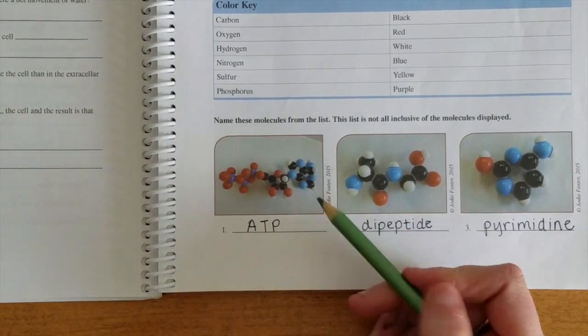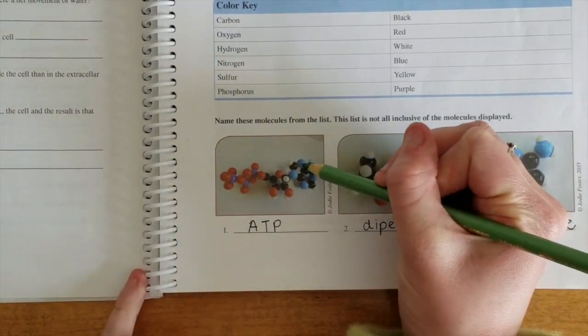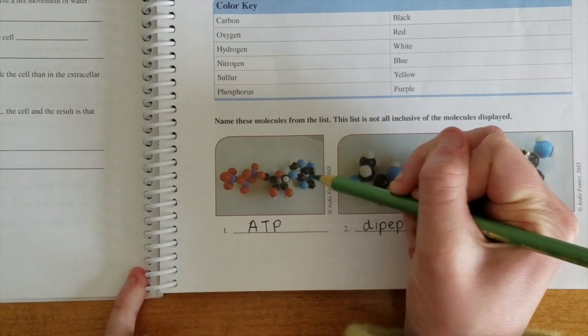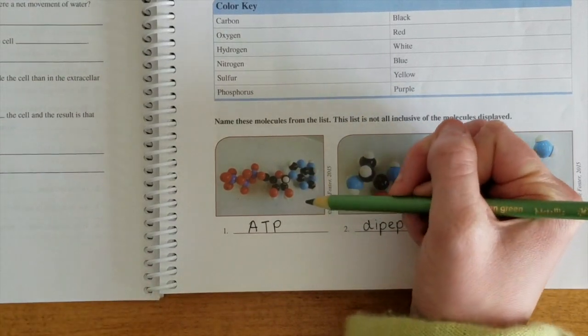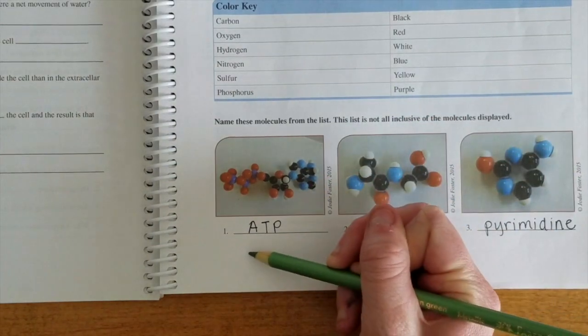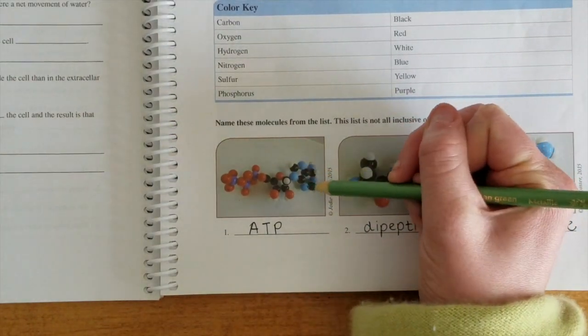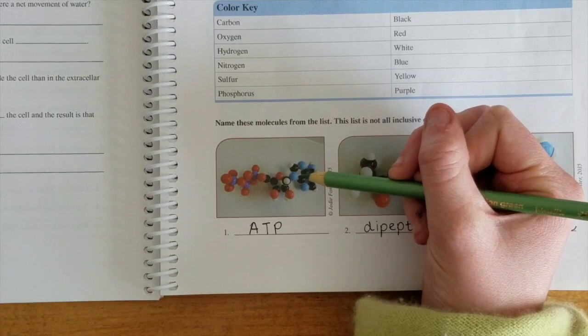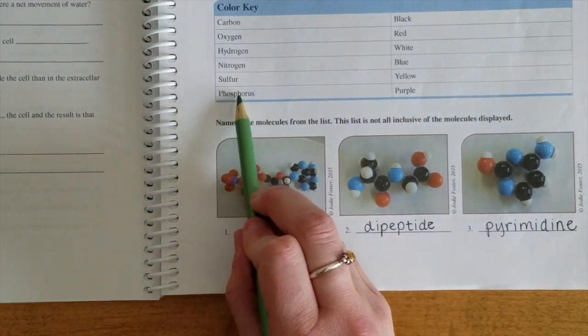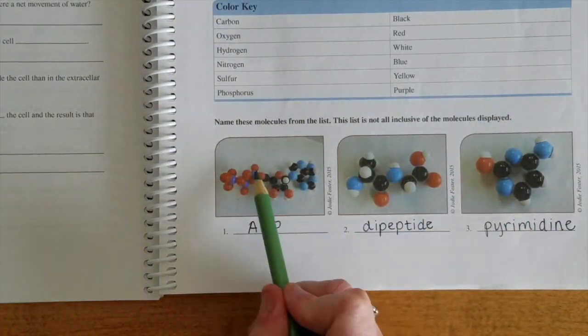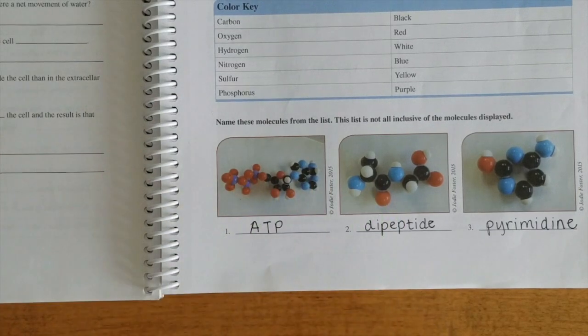So we know this is our nitrogenous base, and if you can tell, there's a 2-ring structure. That means it's a purine, specifically for ATP, it is adenine. And then we need to find our 3 phosphates. Phosphorus is in purple, and 1, 2, 3. There we go, and that is our ATP.